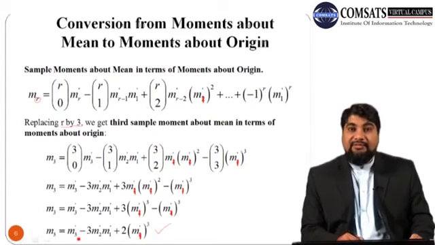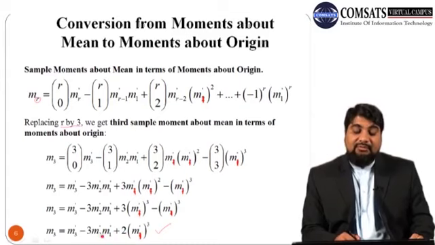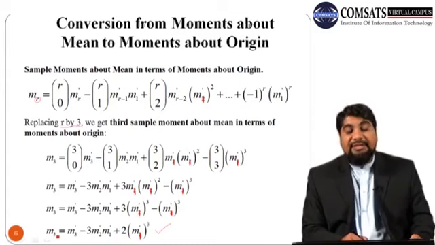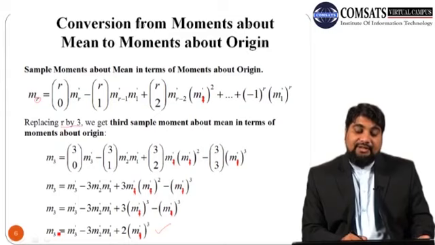If we know the values of these sample moments about origin, m3 dash, m2 dash, m1 dash, then using this formula we can calculate m3, which is the third sample moment or third central moment or third sample moment about mean.